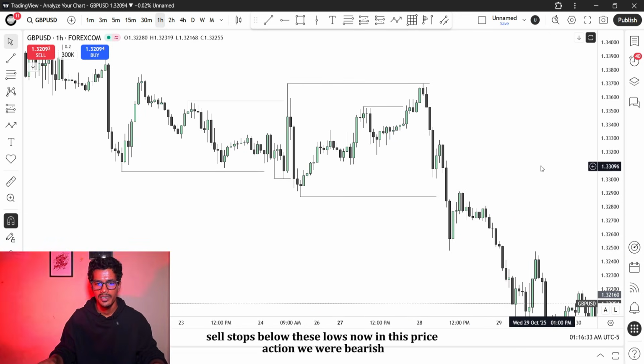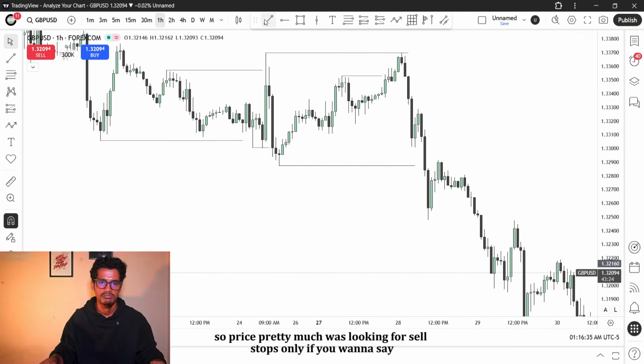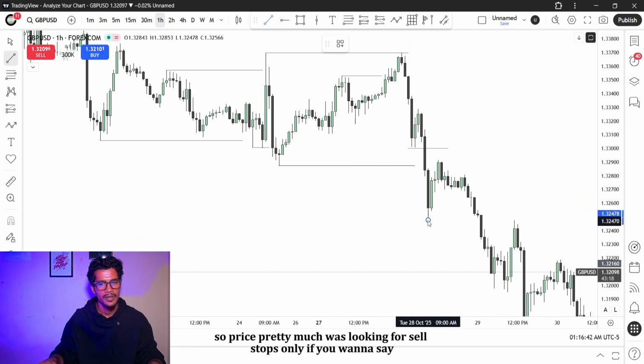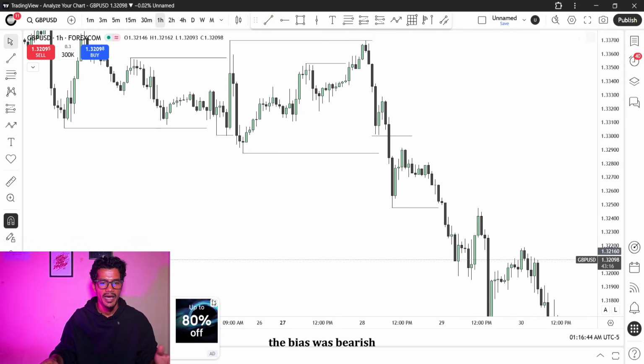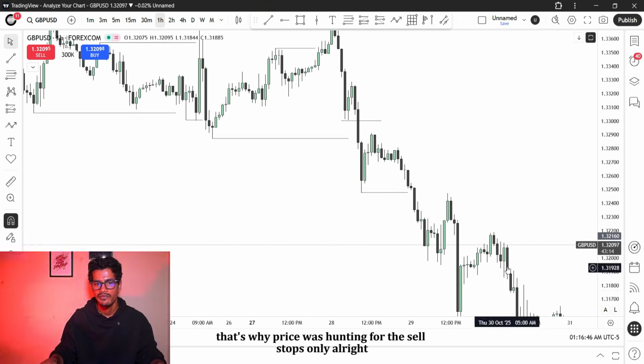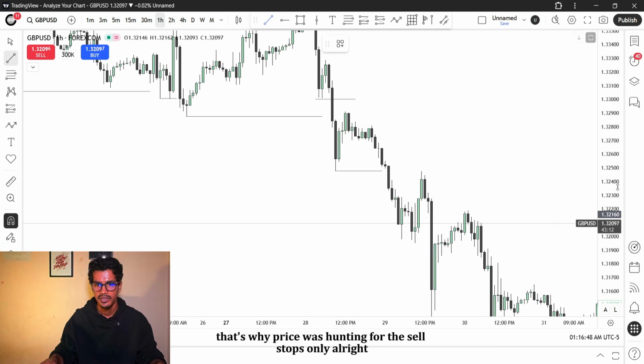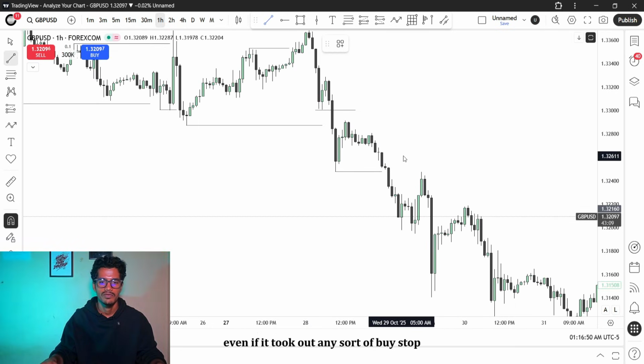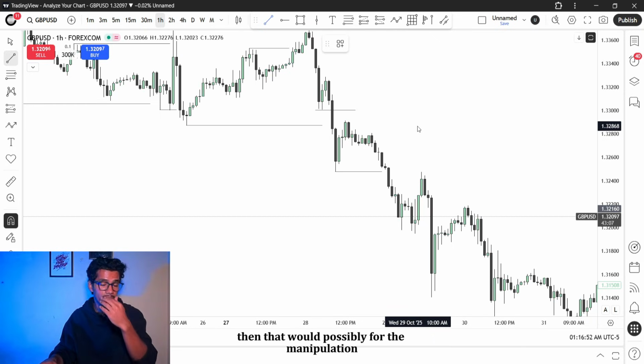Now in this price action we were bearish, so price pretty much was looking for sell stops only, if you want to say. The bias was bearish, that's why price was hunting for the sell stops only. All right, even if it took out any sort of buy stop, then that would possibly be for manipulation.